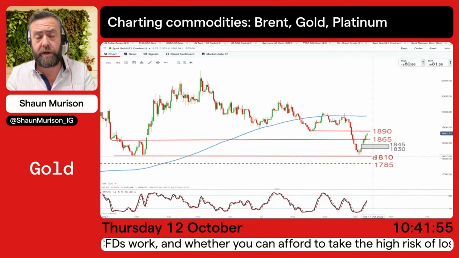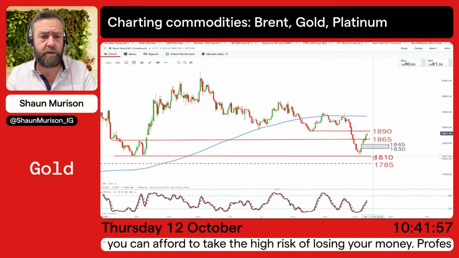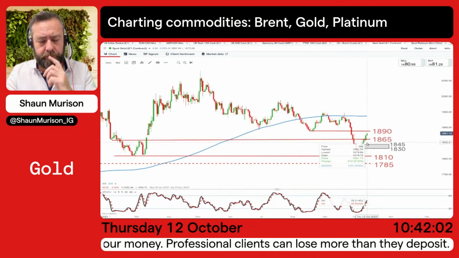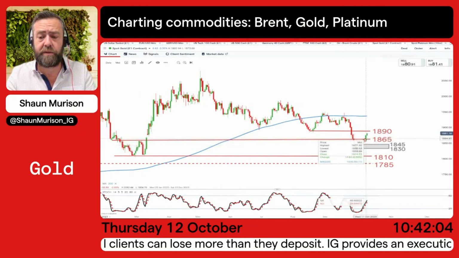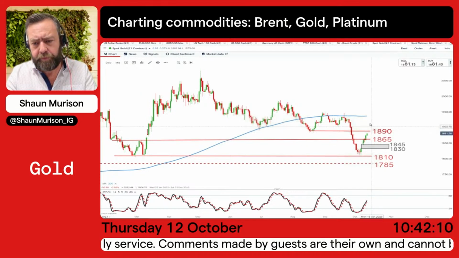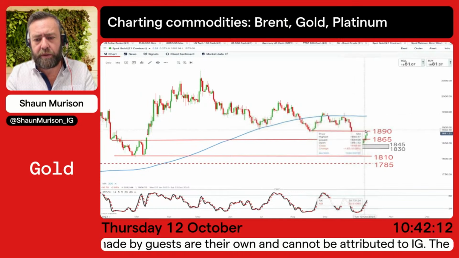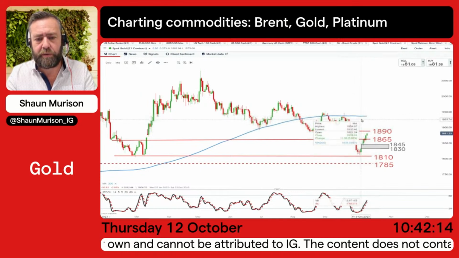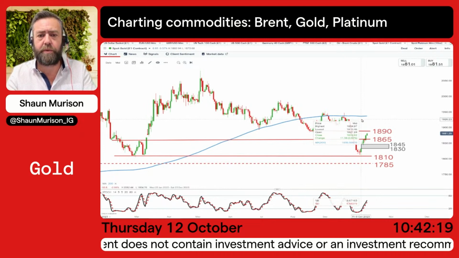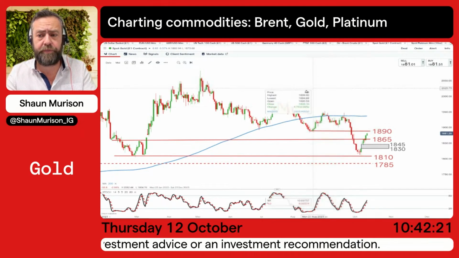Remember, we are still in a range trading environment on gold over the long term, so we're trading between levels as well. We've traded through that 1865 level, close above that, 1890 becomes the next upside target. If we do get through that, I think we can start looking at, if we're conservative on the resistance, probably about $1925 per ounce on spot gold.